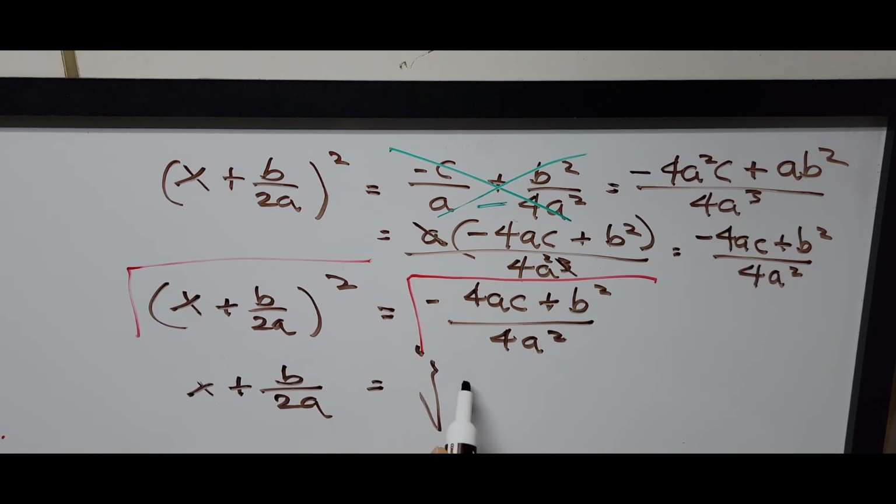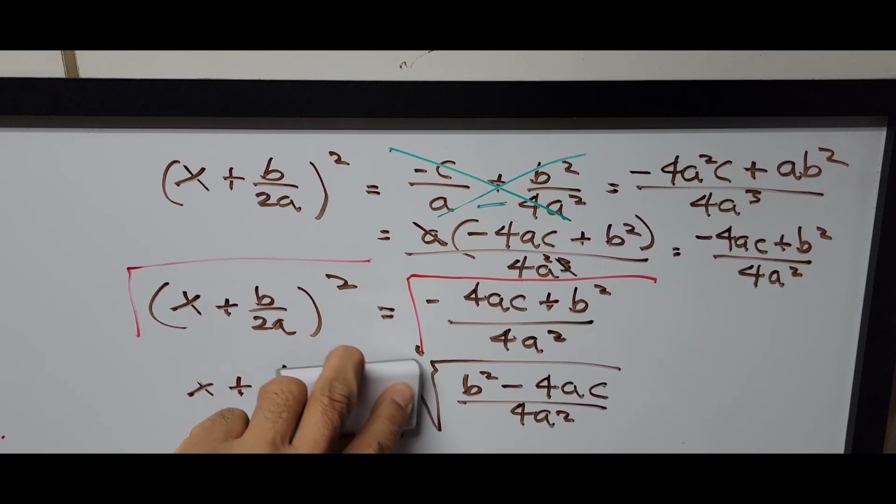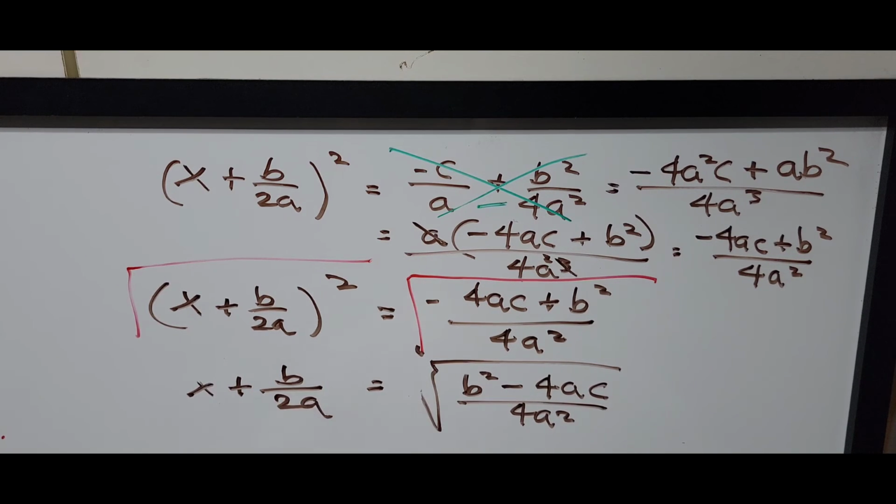That becomes the square root of b squared minus 4ac divided by 4a squared. But since we are getting the square root, we get two values, positive and negative.